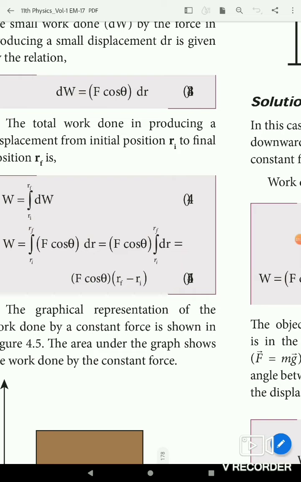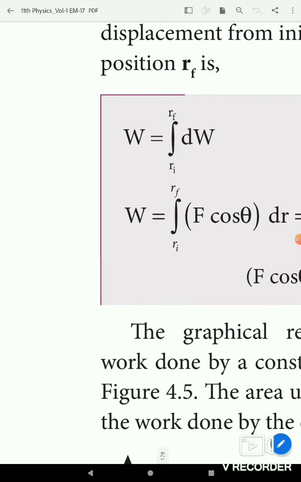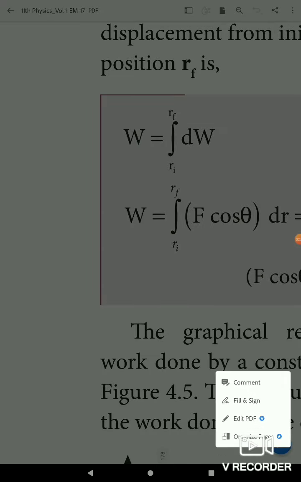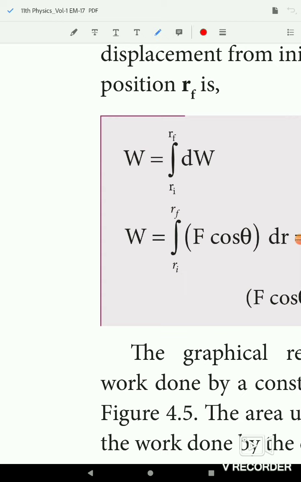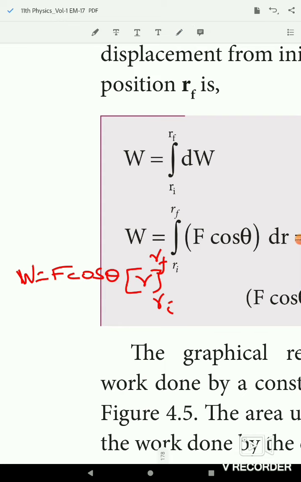Okay, so integrate this. The integral of dr is r, with limits Ri to Rf.